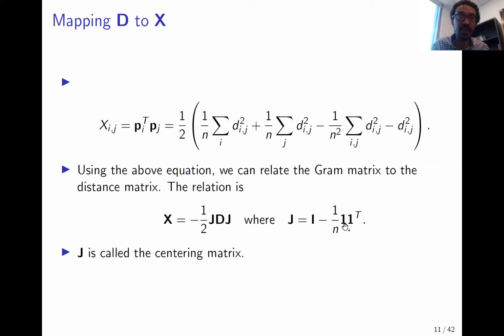It is the identity minus 1 over n times the all-ones matrix. What we have shown is that if you give me the squared distance matrix, I can map you to the gram matrix by using this formula.